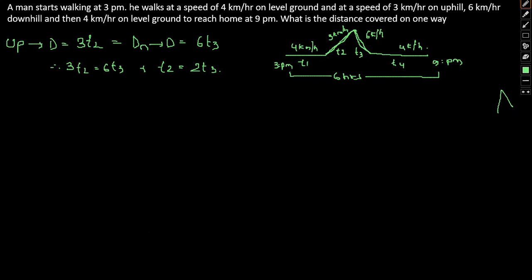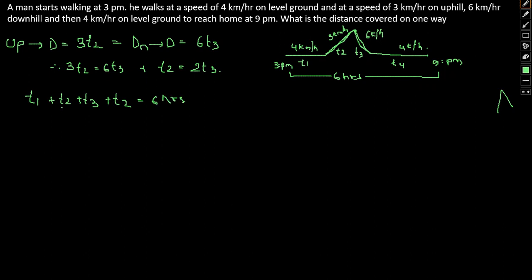Okay, t2 equal to 2t3. Now if we talk about the total time that is taken, that is being 6 hours, it will simply be t1 plus t2 plus t3 plus t4, this will be 6 hours.